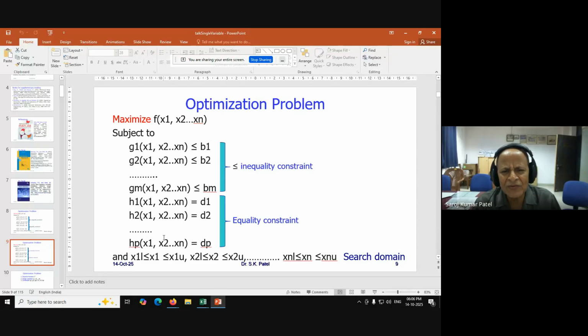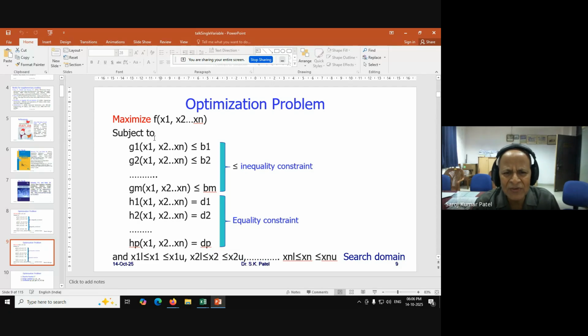One set of constraints will be inequality. So the left hand side will also be a function of these independent variables, or we call them decision variables. Why decision variable? Because those values we are going to decide whenever we are going to design it.